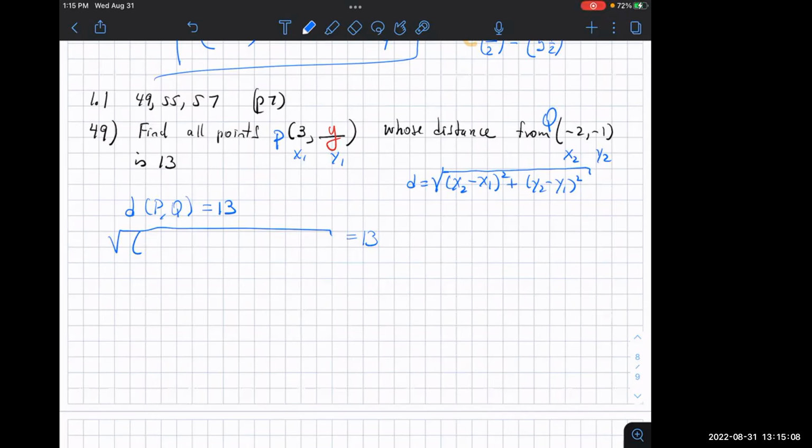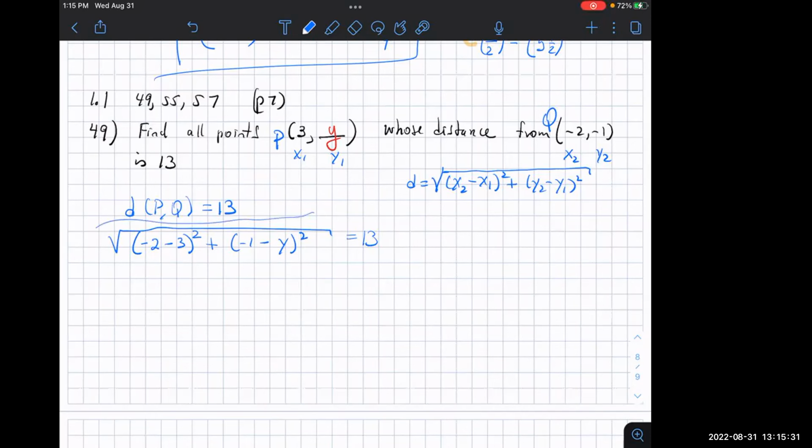So let's apply. We get x2 is -2 minus x1 is 3 squared plus y2, which is -1 minus y1, which is y, squared, right?